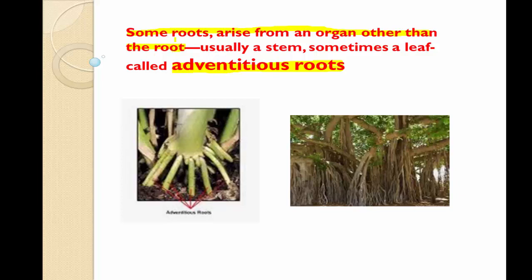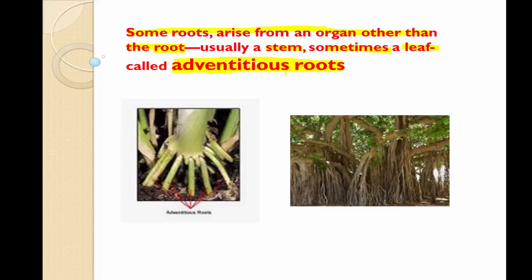Let me correct this. Here the roots arise from other than root, especially radicle. Other than root means other than radicle. If the roots arise from stem, sometimes even from the leaf also, they are called adventitious roots.